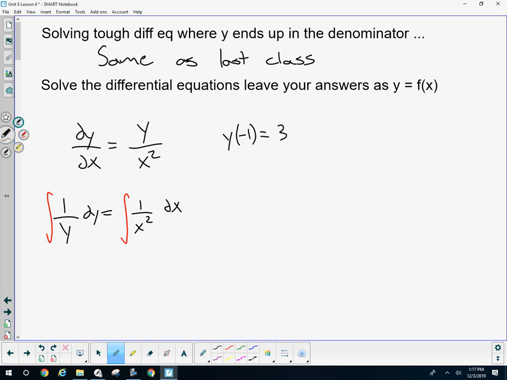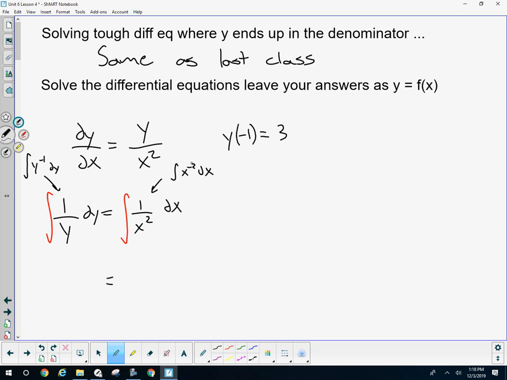Now this is a great first example to do, because we need to remind ourselves that if you have something to the negative first power, you cannot use the power rule. But if you have something to any other negative power, like a negative second, negative third, any fractional powers, you can.